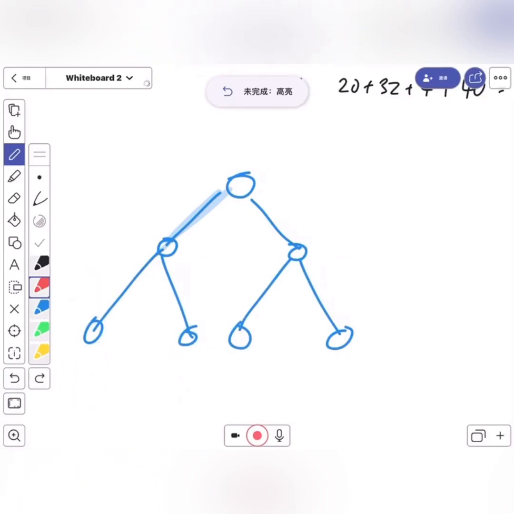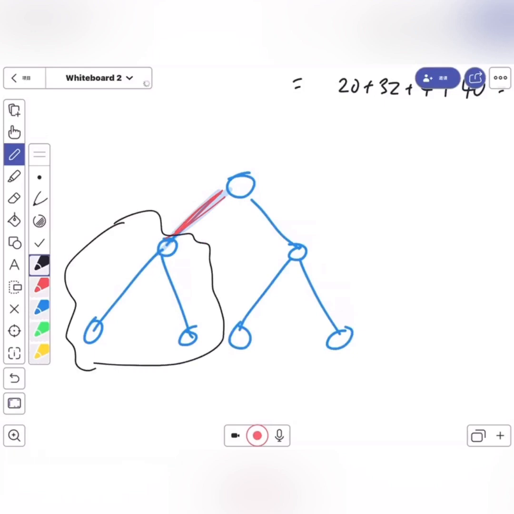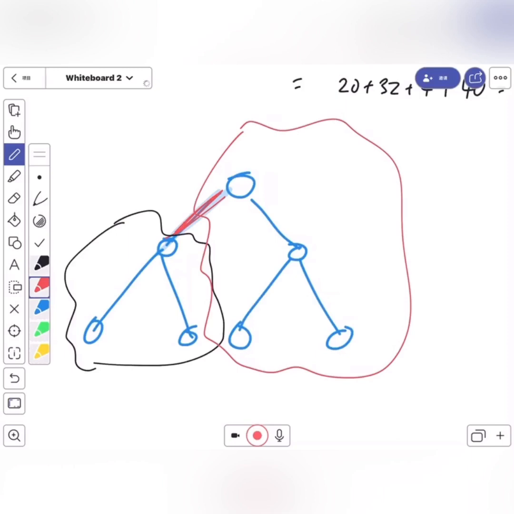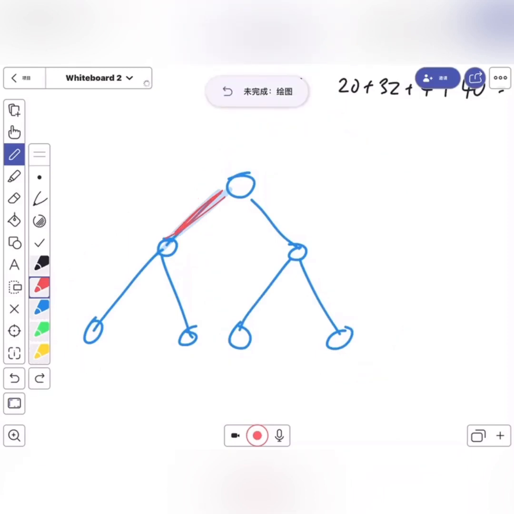So can I say, prove this claim, that we must pass this route if one node is chosen from this pile and the other node is chosen from this pile? Well, yes, because this is actually the only part that is connected between, right? This is actually one of the properties of a binary tree.